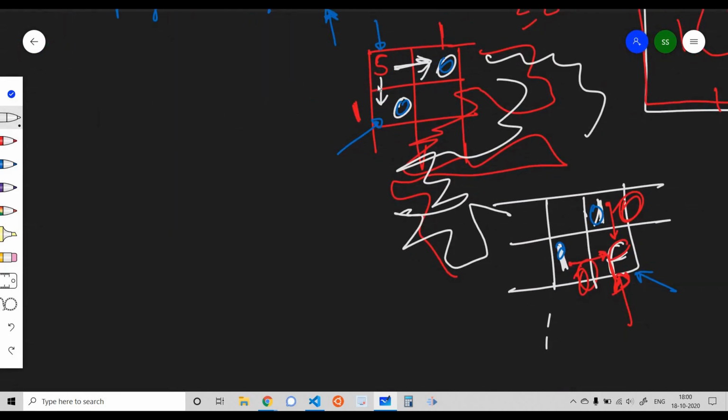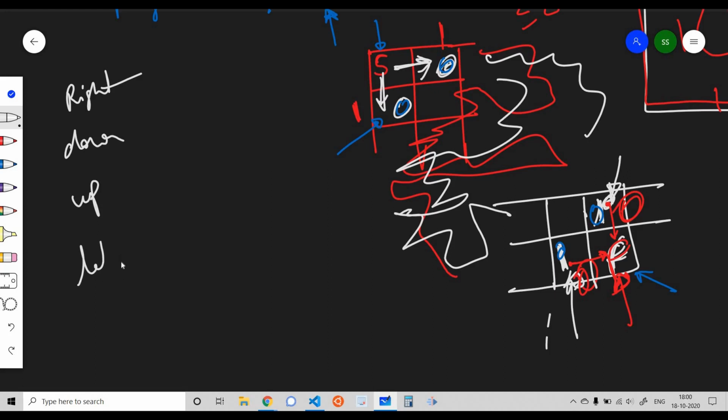So I'm calling this one right and this one down, and for the cells adjacent to the final state, I'm calling this one up and this one left. So I have these 4 cells. First of all I find out the digits present in those cells.